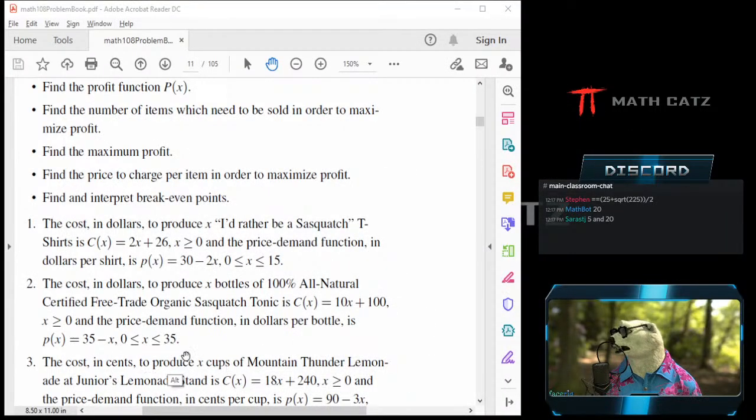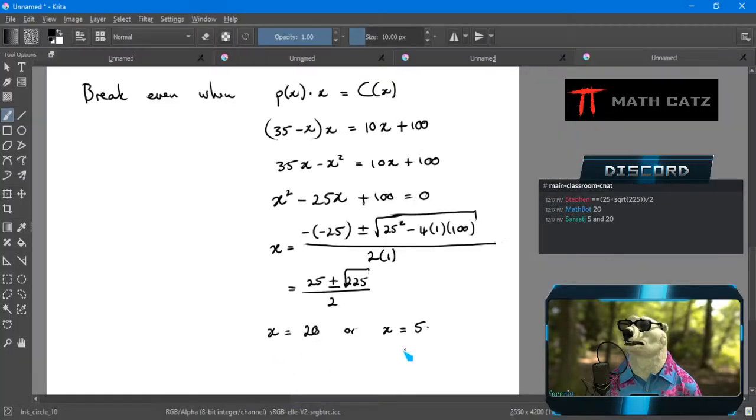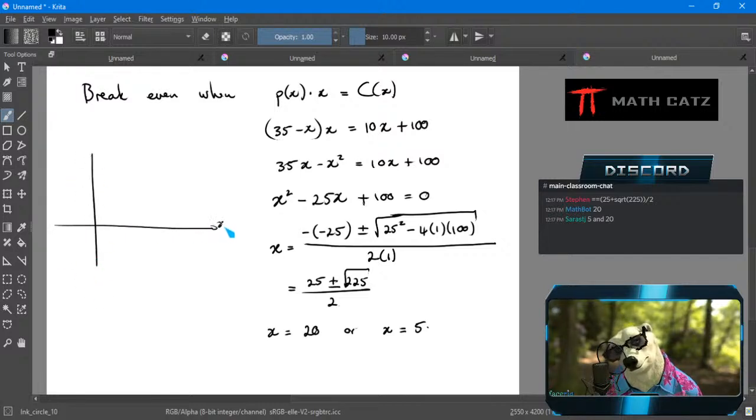X range is 0 to 35. So they're actually both. Strangely enough, sometimes it's hard to get an intuition for these things if you never really work with them, that both amounts will give me a 0 profit. It's because there's my X and there's my profit, and of course there's a 0 profit.